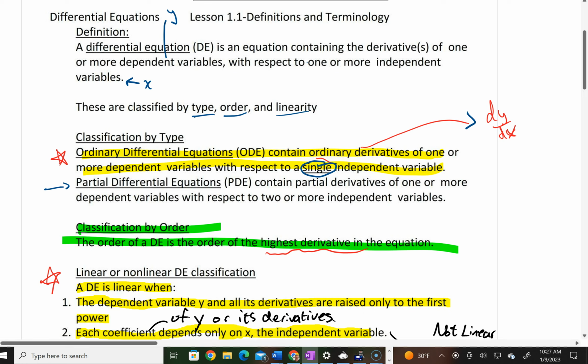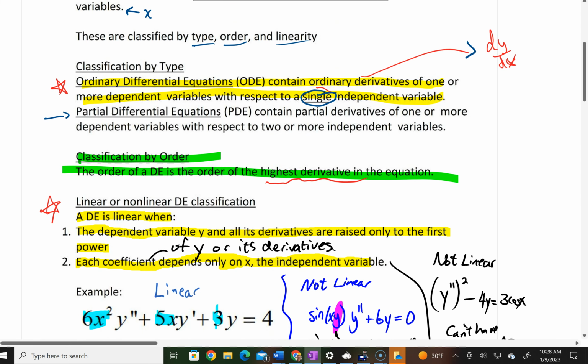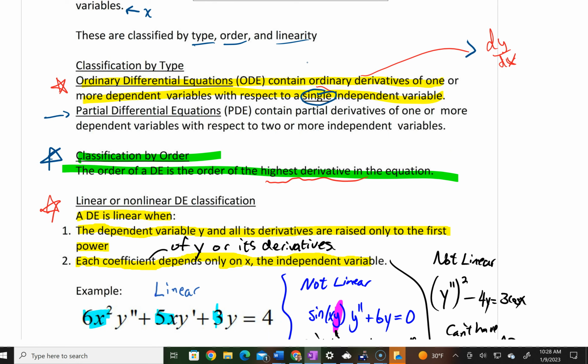Partial differential equations are where your differential equation involves partial derivatives, like we just saw in multivariable calculus. That's not really what we're getting into at all. But order, classification by order: the order of a differential equation is the order of the highest derivative.